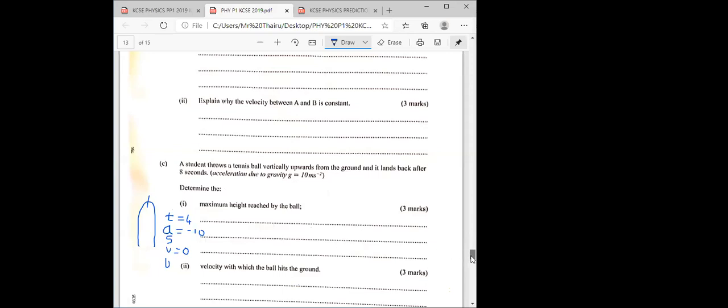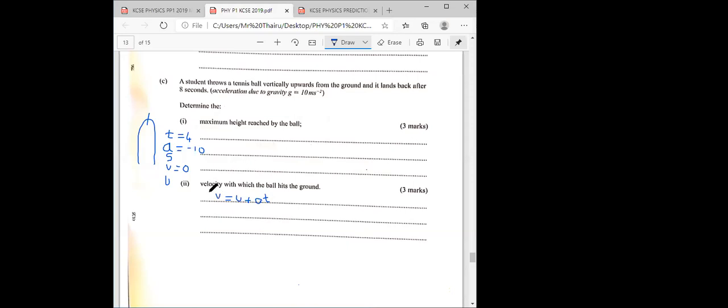So I would rather we first go through this Roman 2 together so that you can get the initial velocity. We know V is equal to U plus AT. Why am I working with the velocity with which the ball hits the ground? The velocity that you throw this ball with will be the same as the velocity it is going to land with, and this is the initial velocity.